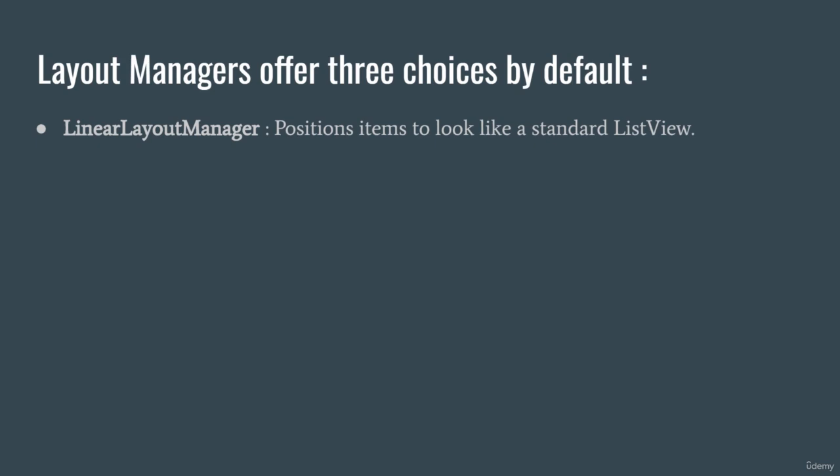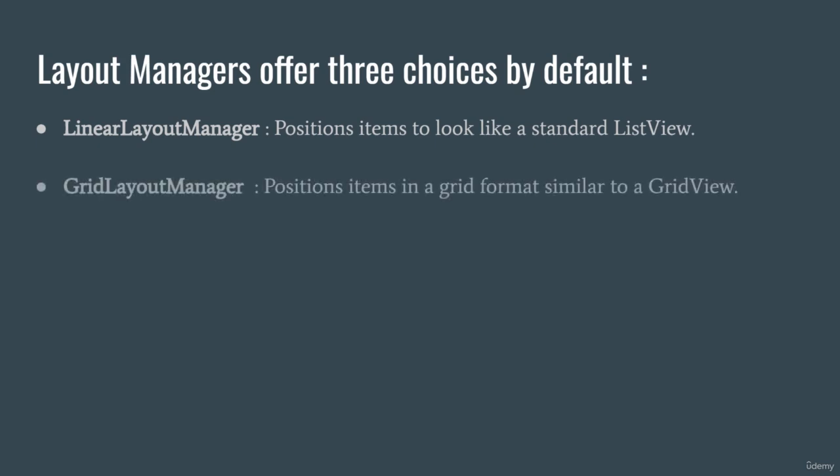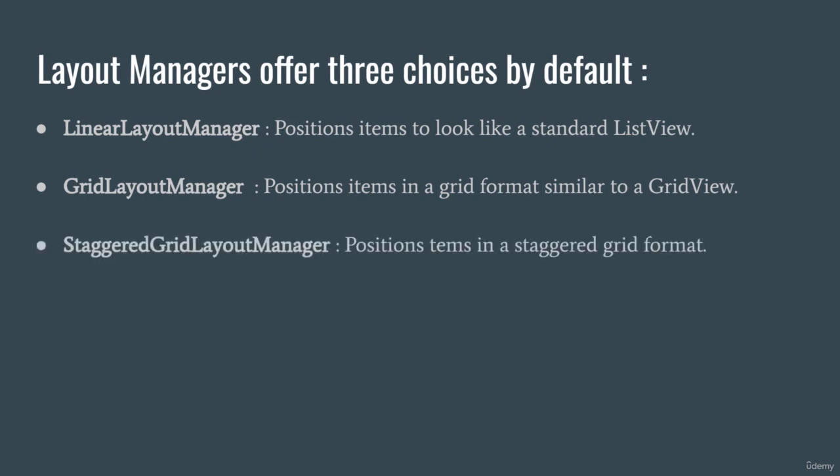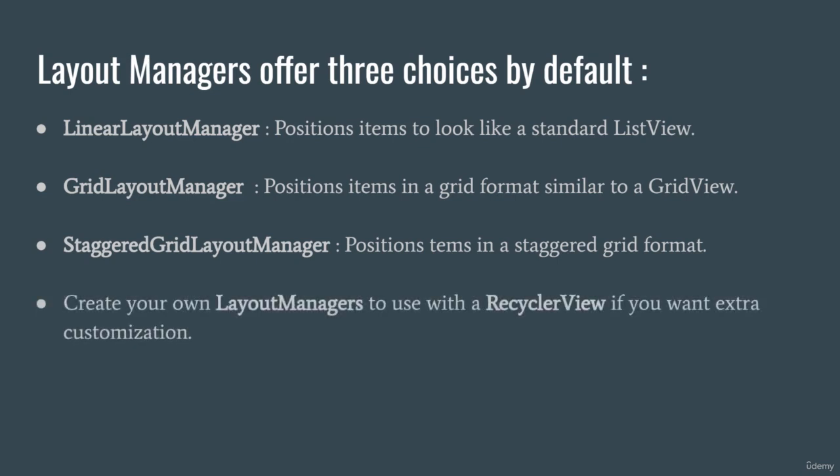The linear layout manager positions items to look like a standard list view. The grid layout manager positions items in a grid format similar to a grid view. And then we have the staggered grid layout manager, which positions items in a staggered grid format. You can, of course, go ahead and create your own layout managers to use with a recycler view if you want some extra customization.